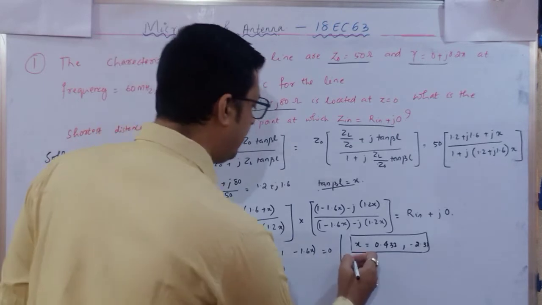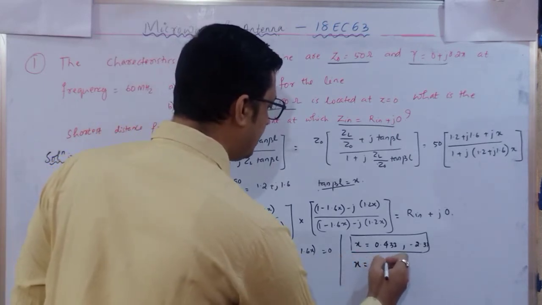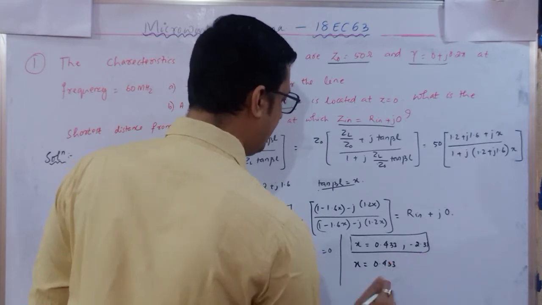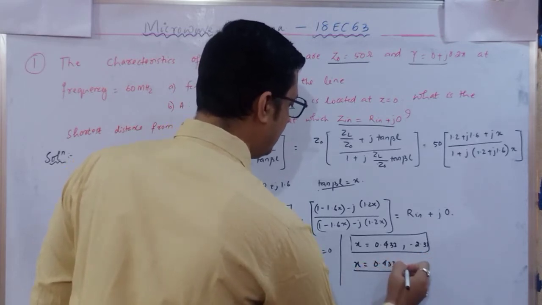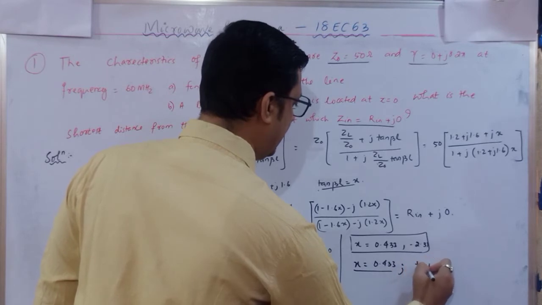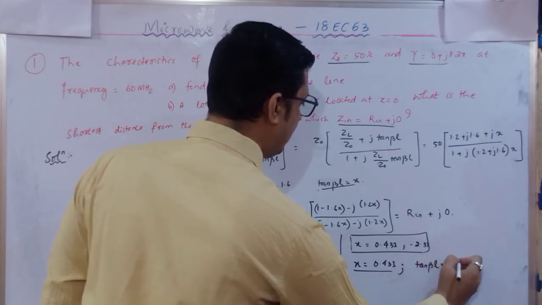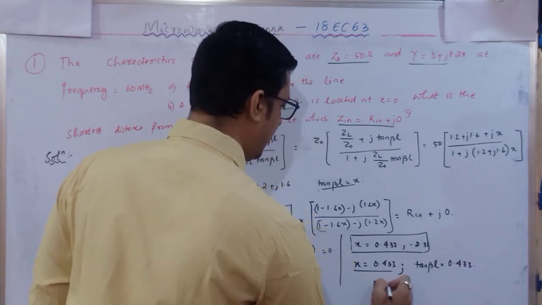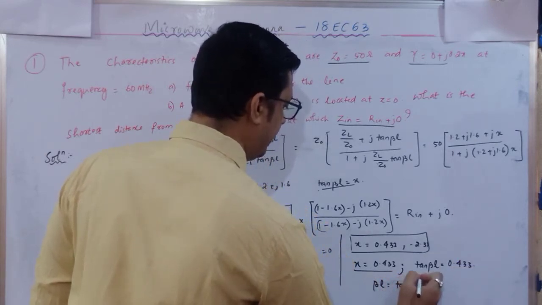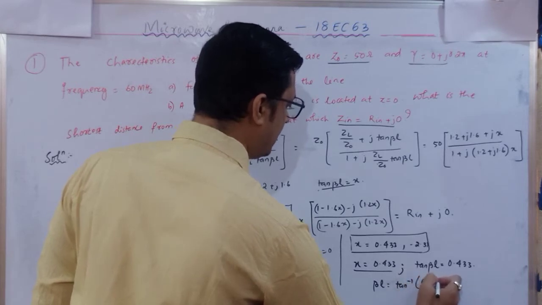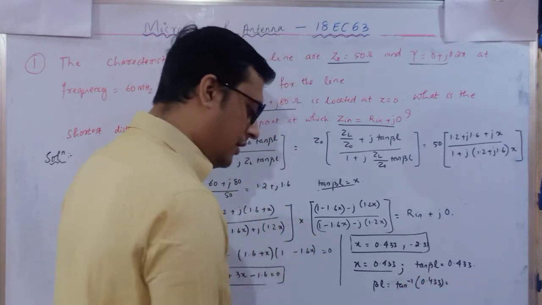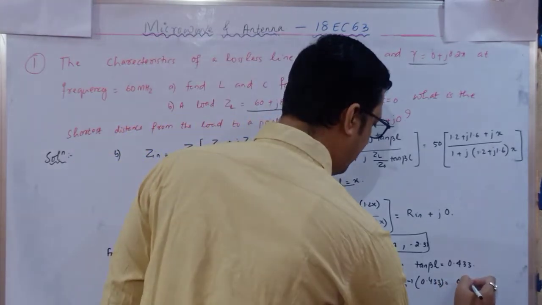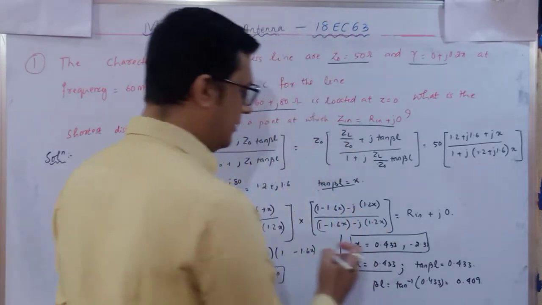So what I will do, I will take x equals 0.433, that is tan beta L equals 0.433. So what will be my beta L? It is tan inverse of 0.433, which is near about 0.409 you will get.